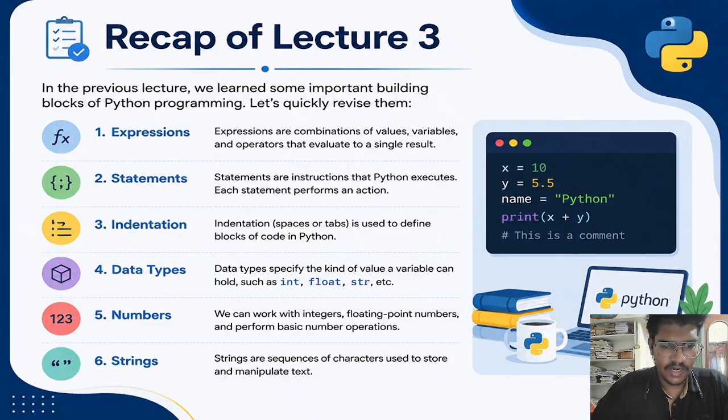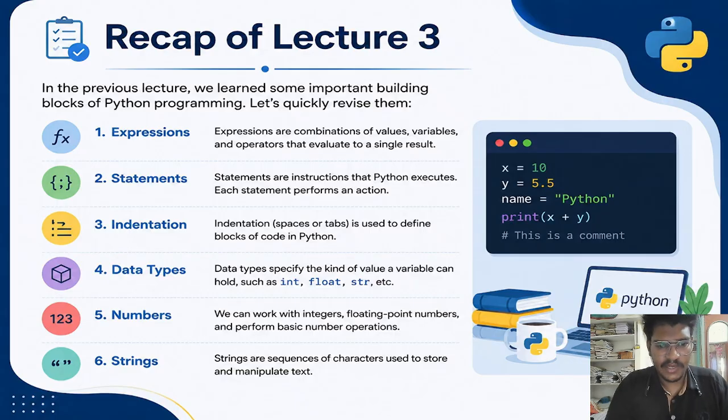Let's look at a fundamental example like x = 10. So here the equals sign is the assignment operator. y = 5.5, so it is also an assignment operator. And if we type result = x + y, then here plus is the arithmetic operator. And if we write print(result), the output is 15.5.